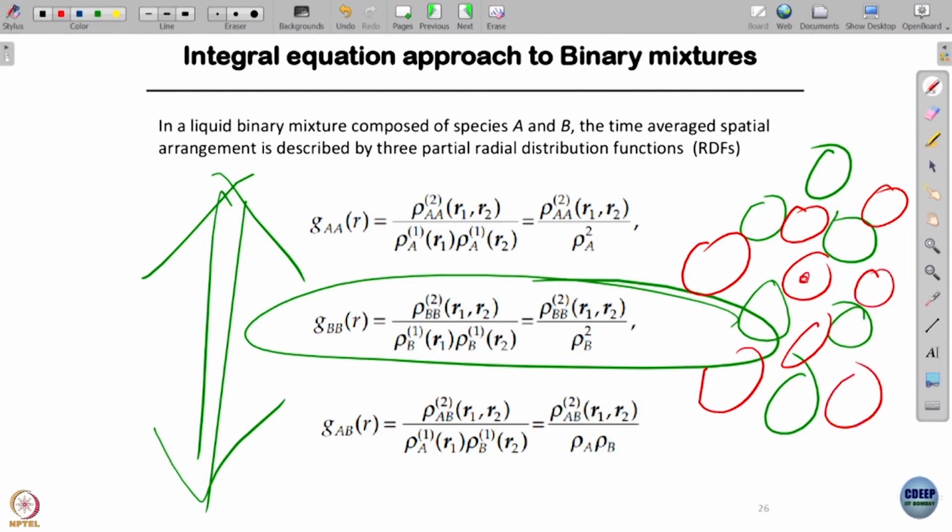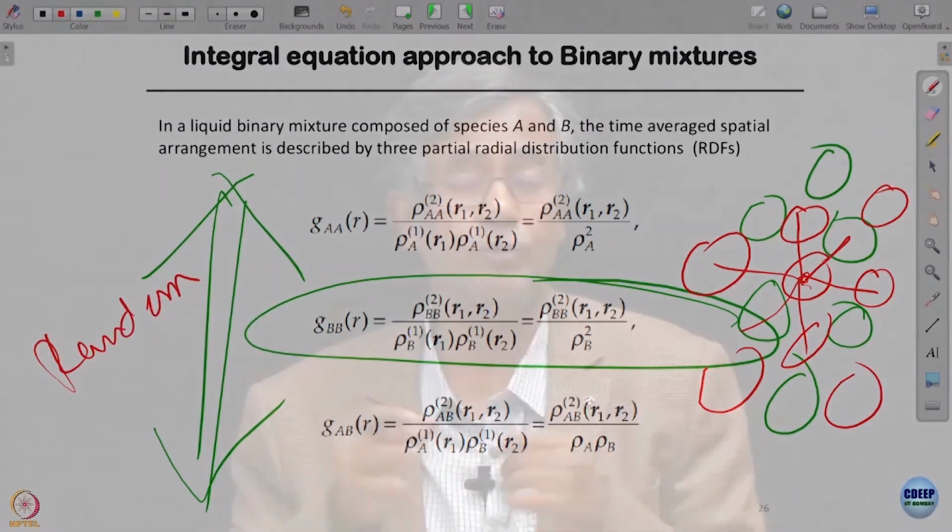If this is my B and this is A, how are B's and A's arranged with respect to each other in a random system? In a liquid, how are A and B arranged with respect to each other? This is of course fluctuating, continuously changing. So, we will have an average description, and average means it is still microscopic, a time average description, an equilibrium structure.